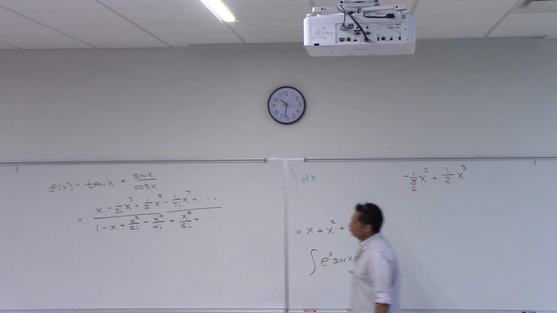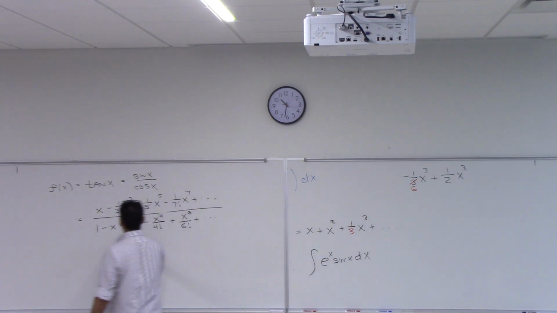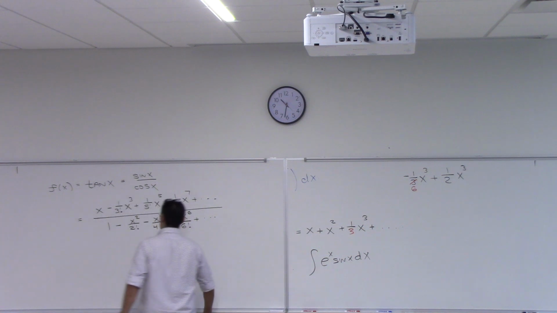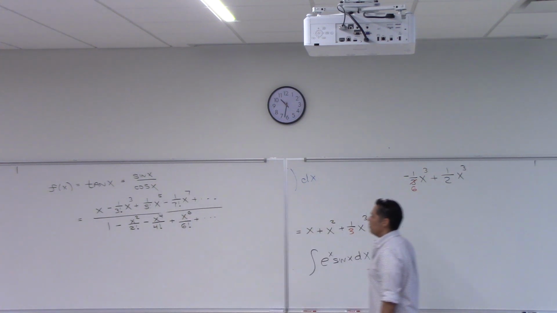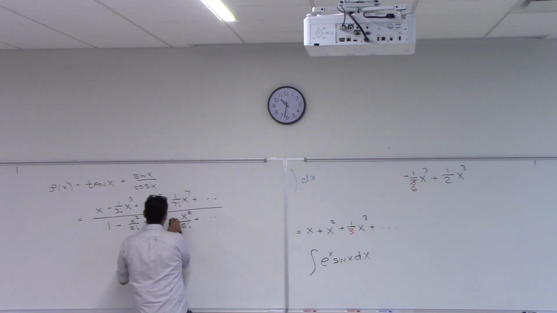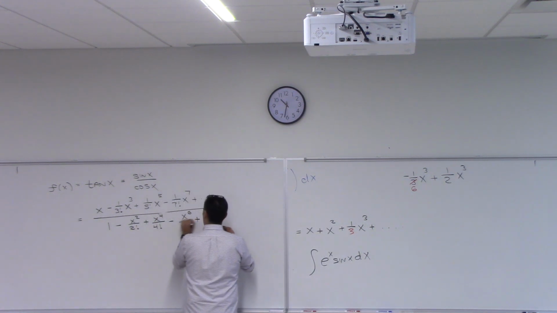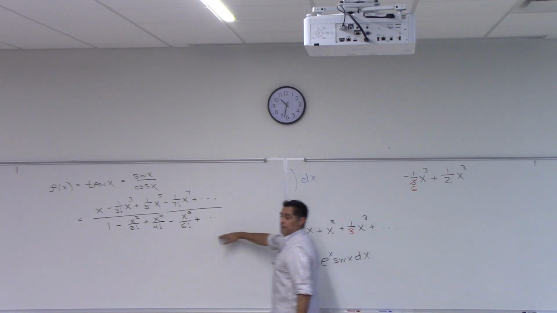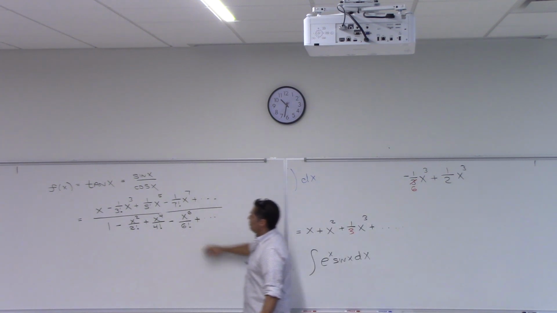Where did the minus x come from? I don't know why I put this in here. Sorry, I'm rushing. It's 1 minus x squared over 2 factorial, plus, minus, plus. Okay, that's right. There we go. That's what we had for cosine, right?